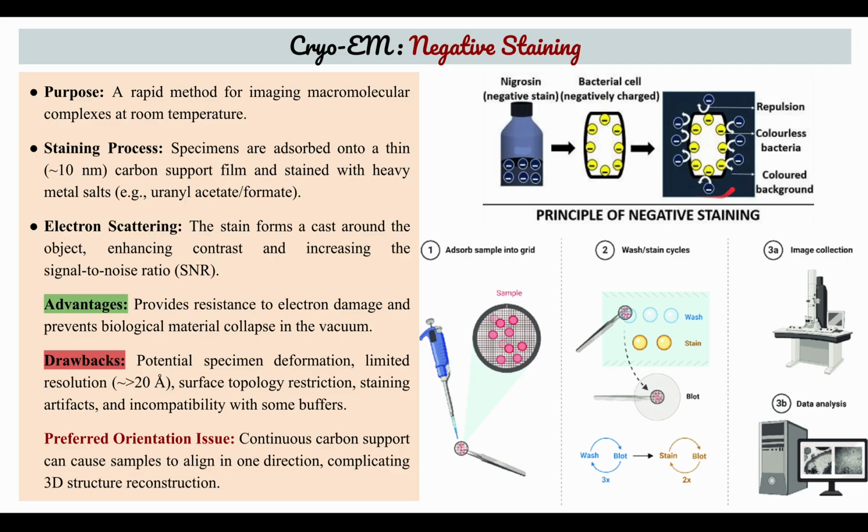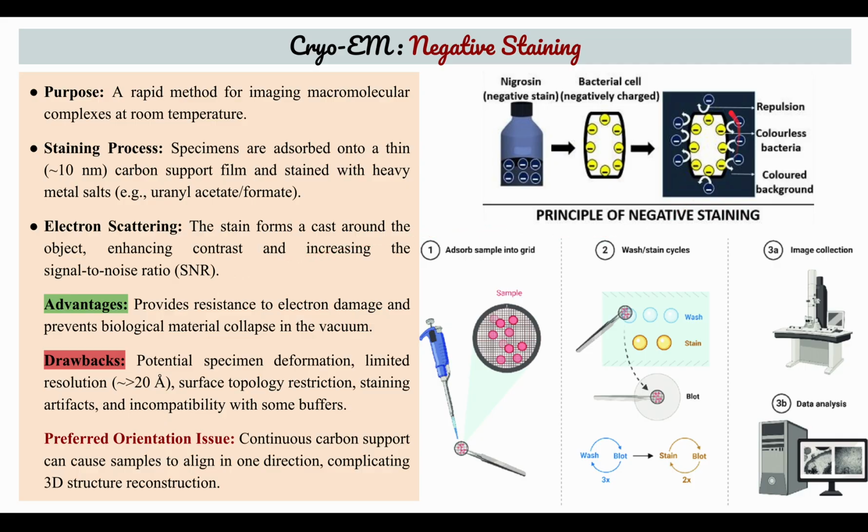When I visualize this specimen, it will appear bright against the dark, stained background. This is the main principle of why we use negative staining: it further increases the signal to noise ratio and enhances the contrast of the image.